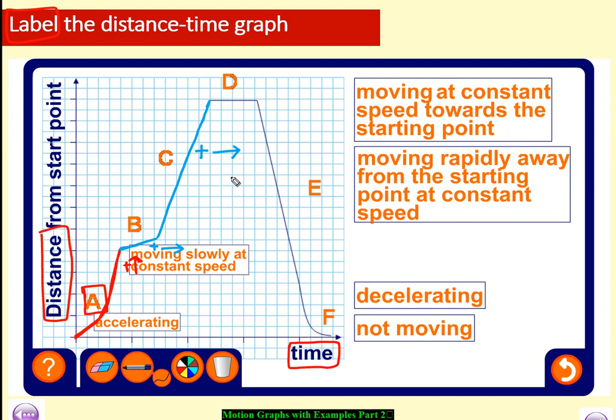And also we need to understand it is moving away. One thing you need to understand: as the distance is increasing, we will say it is moving away, away from the starting point.